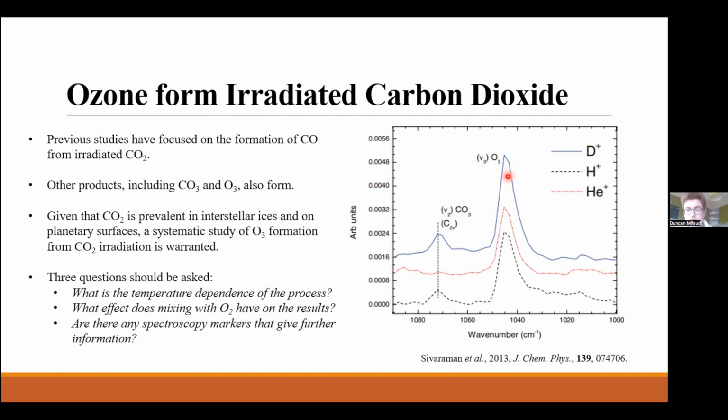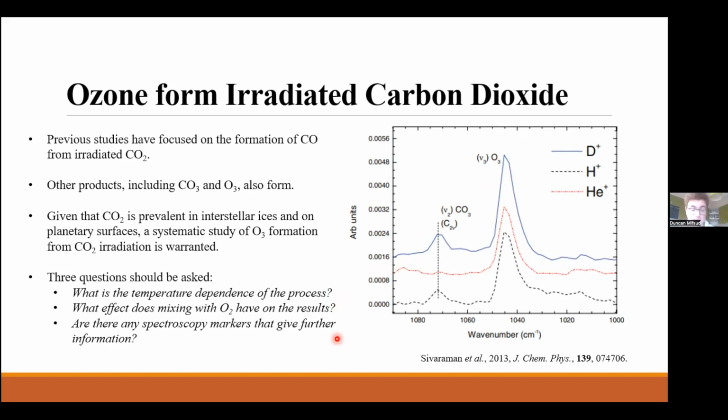And the three questions that we wanted to ask in particular were: what is the temperature dependence of this process? We saw previously that there is a temperature dependence in the case of oxygen. Is there something similar in the case of carbon dioxide? Does mixing with O2 ice have any influence on the radiation chemistry at hand? And are there any spectroscopic markers that can give any further information, such as the breakdown of that ozone peak that we saw earlier?